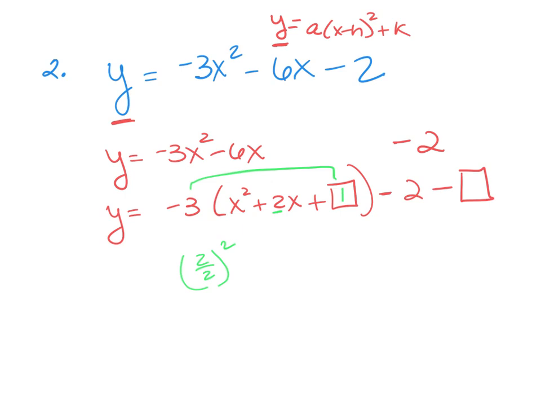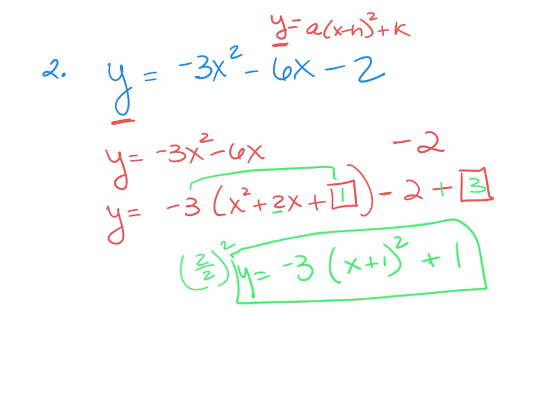So I'm going to be adding a -3, which is subtracting a 3. Wait, so you do 2 over 2 squared? Yeah, that's how you do your plus box. The coefficient of x divided by 2, squared. So now we have -3(x plus 1) squared plus 1 on the y, and that's my final answer.